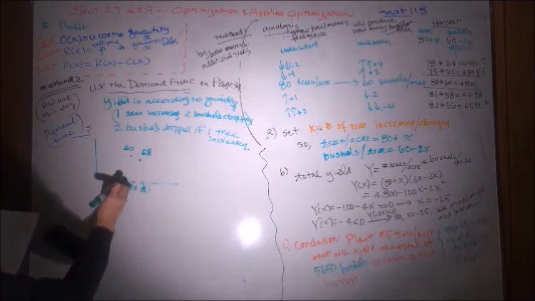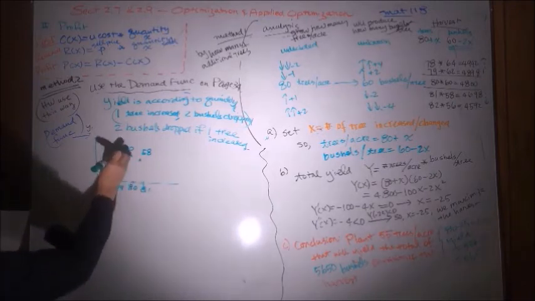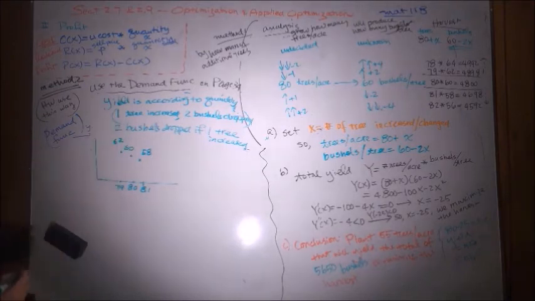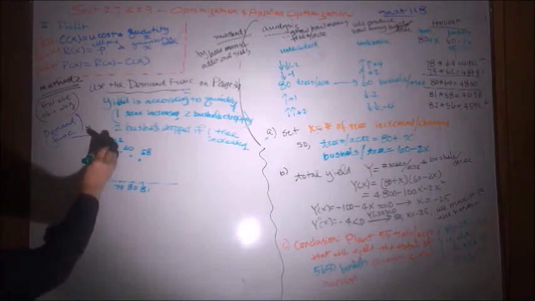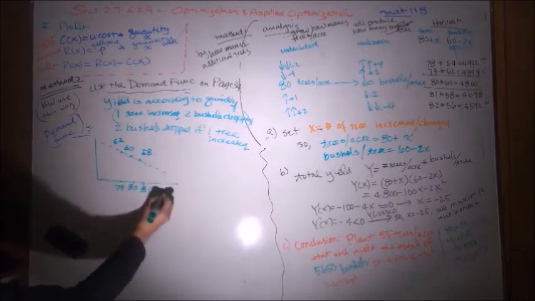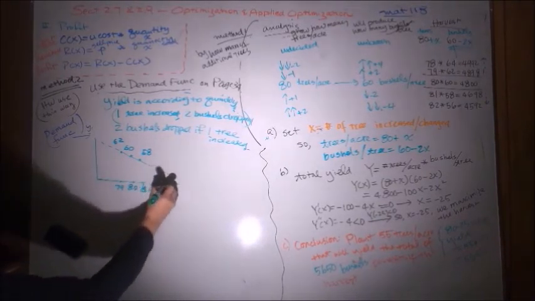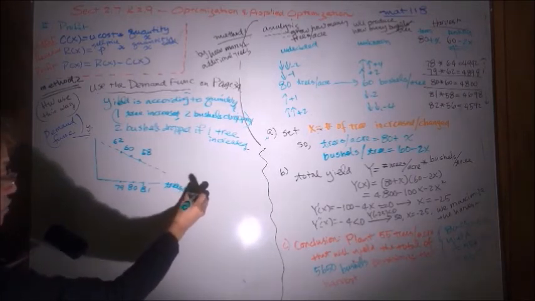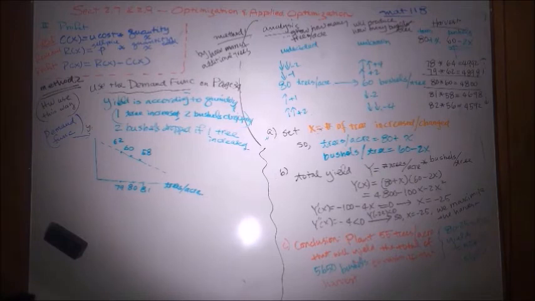So if you have 79, so you will have what? 62 bushels of oranges. So it looks like your demand function. So the quantity is the tree, how many trees per acre you planted.